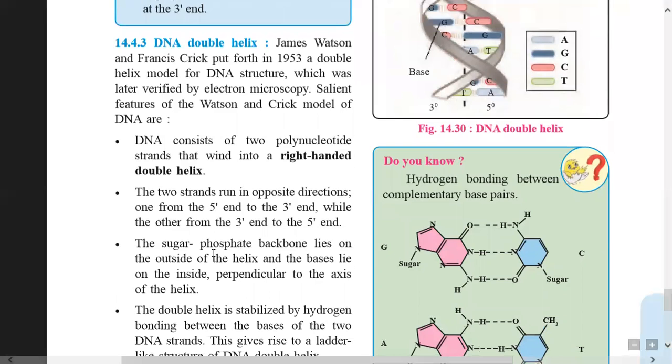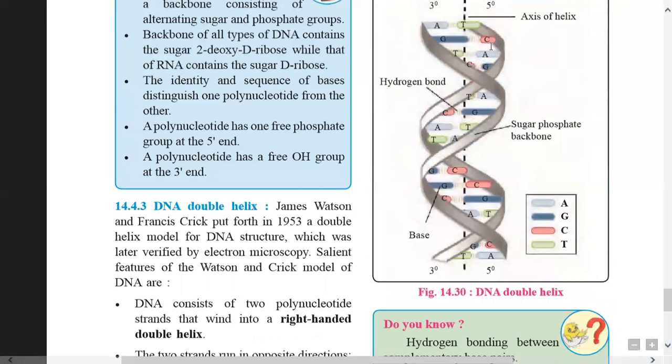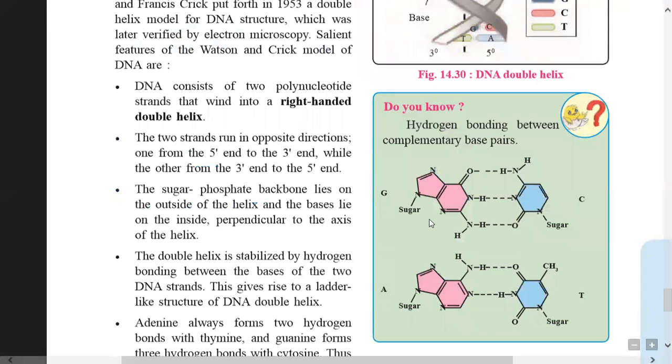So they are oppositely placed. Then the sugar phosphate backbone lies on the outside of the helix, and the bases lie on the inside, perpendicular to the axis of the helix. These are the bases, they are perpendicular to the axis of the helix.